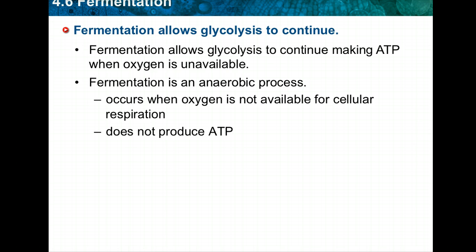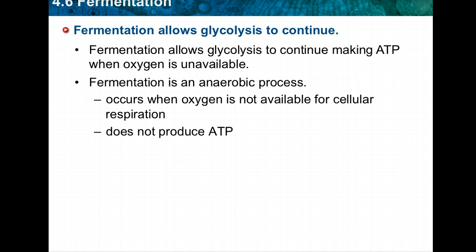So fermentation is an anaerobic process. Therefore, it's going to occur when oxygen is not available for cellular respiration. We went over this a couple sections ago. And fermentation, again, does not produce ATP, but allows for glycolysis to continue going. There are two slightly different tracks or processes that occur. You either have alcoholic fermentation or you get lactic acid fermentation.